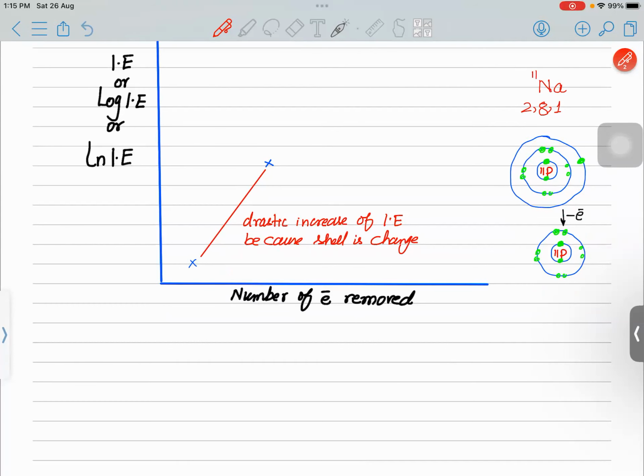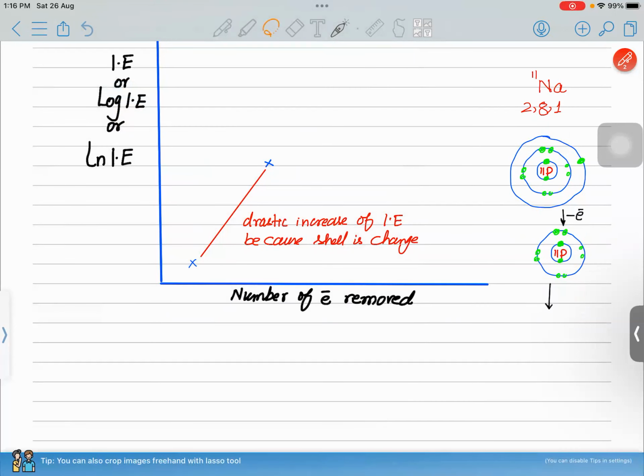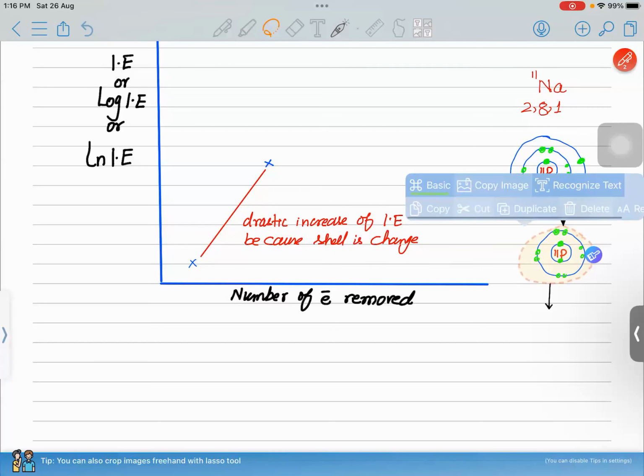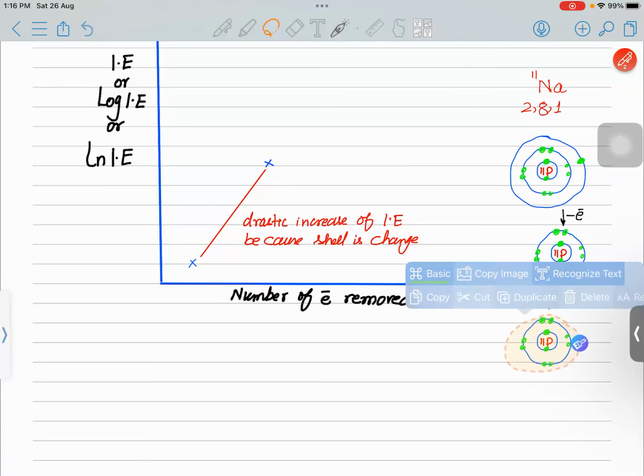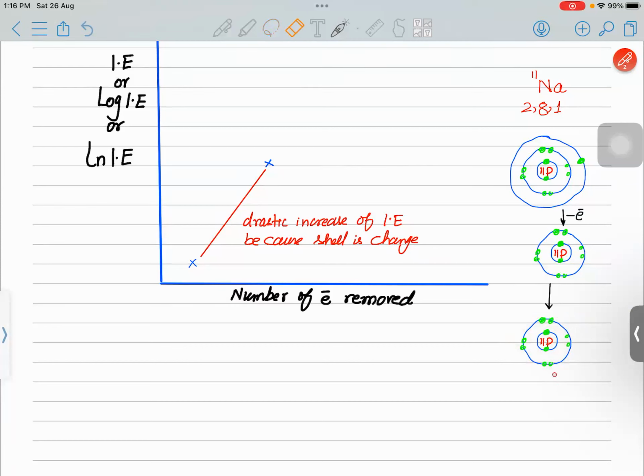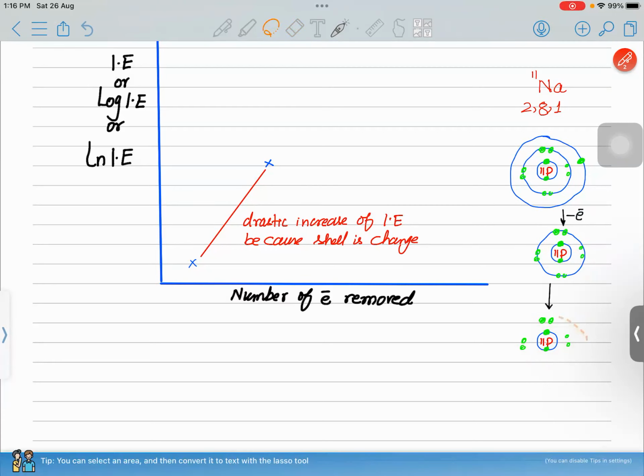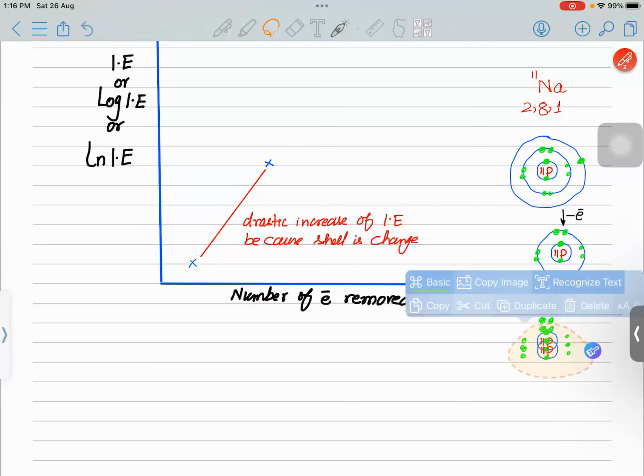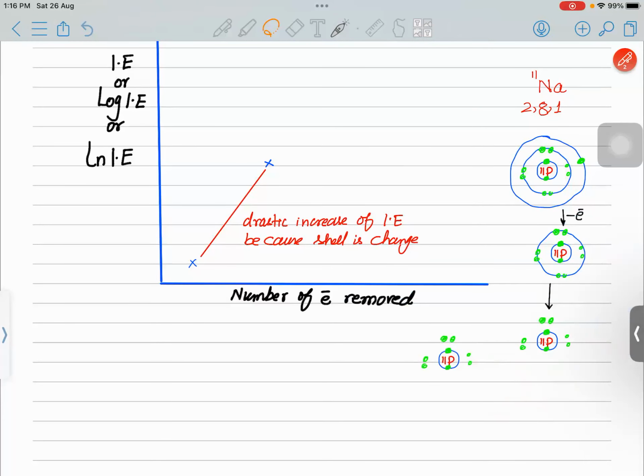Now remove another electron. Here we have 11 electrons, 11 protons.